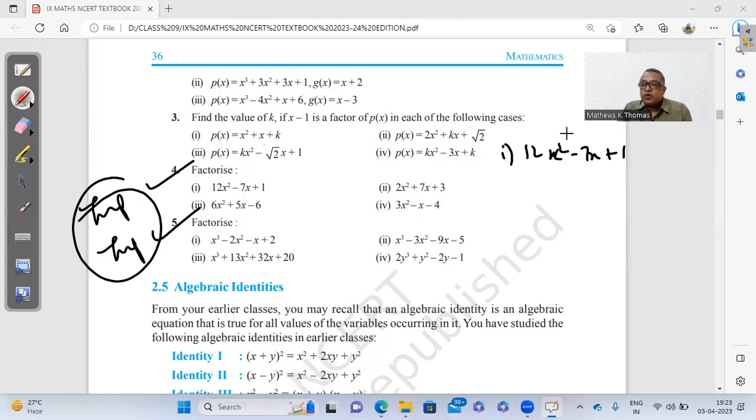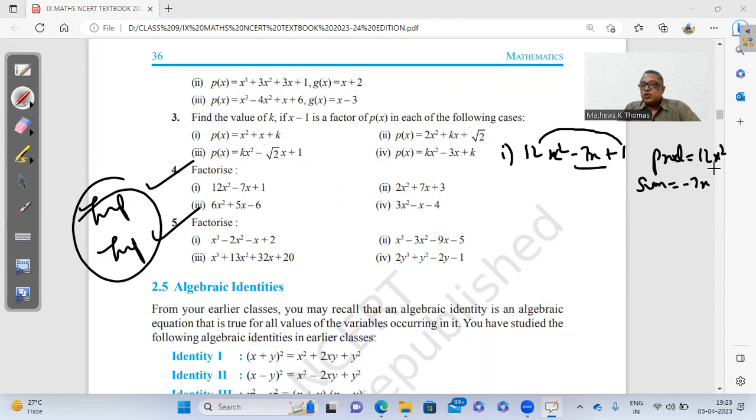Now, those of you who have forgotten splitting the middle term, you have to multiply the first and last number, right? 12x square and 1. When I multiply, I'll get the product 12x square. And the number at the center, the sum, is minus 7x. So I have to think of two numbers which on multiplying will give me 12x square, and on adding will give me minus 7x.